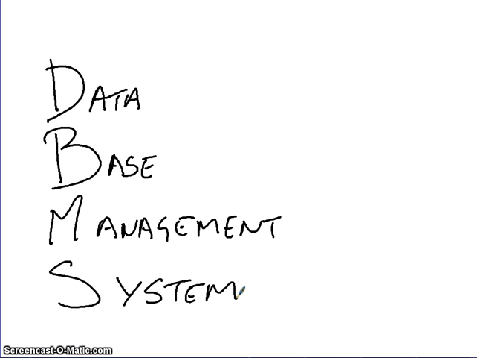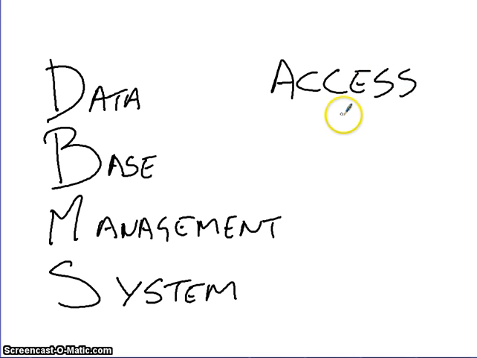At the moment, we're used to just opening up Microsoft Access and it just works, and we can do all the things we want in Access. Access is actually a database management system. It's just a very small, very simple one.